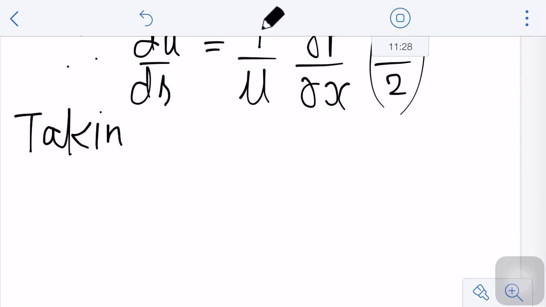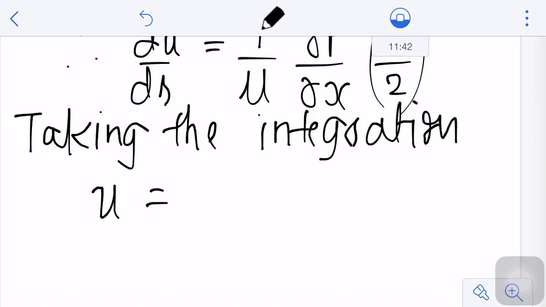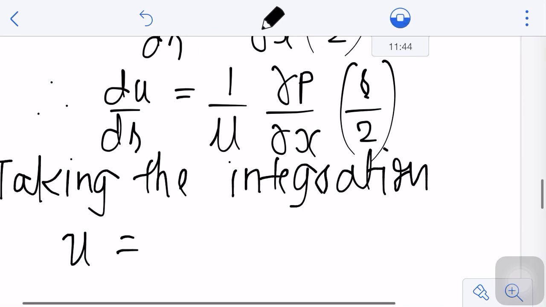taking the integration, we can write this equation in this way. The first will be u is equal to, this r will become r square by 2.